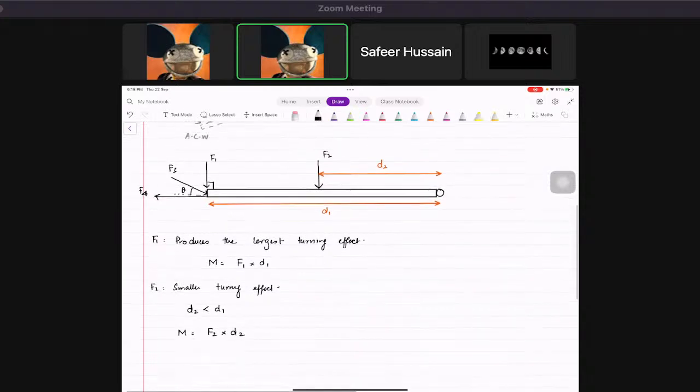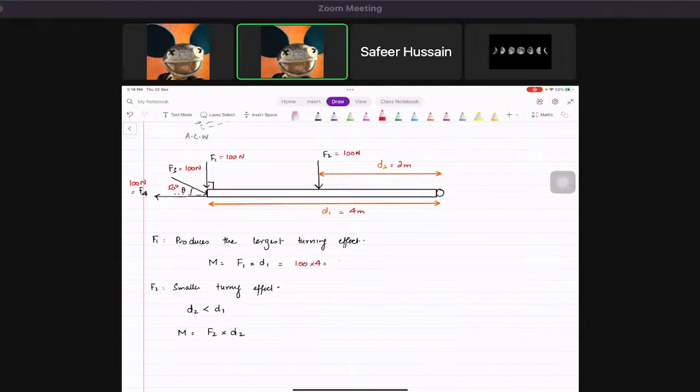Let's do it with an example that will help. Suppose all these forces are 100 newtons. This angle is 50 degrees. This is also 100 newtons. This is 2 meters and this is 4. So for this one, if I calculate the moment, it's going to be 100 times 4.